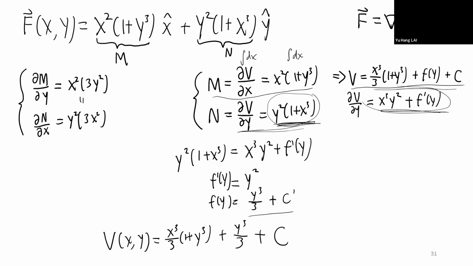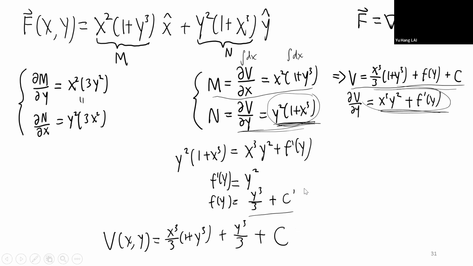Just like if you have the electric field and you give me the potential, you can add any arbitrary constant to the potential and still give me the same electric field. So that's why c is something that we cannot figure out unless you give me more information.